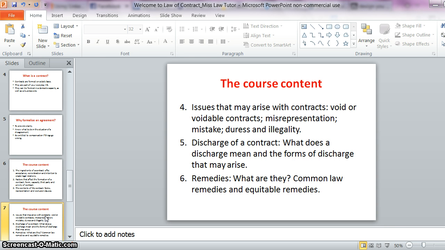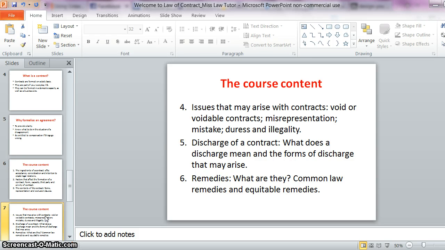And number 4, we're going to be looking at issues that may arise of contracts, whether or not it can be void or voidable contracts. So in other words, could a contract not exist anymore because of a reason? And you've got misrepresentation, and for some of you who go shopping very often or been to large supermarkets, not to say anything disparagingly about a supermarket, you might see something put up at a certain price, and then when you go to the checkout, it might be a different price.